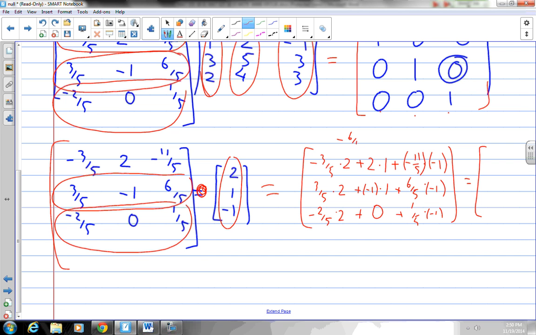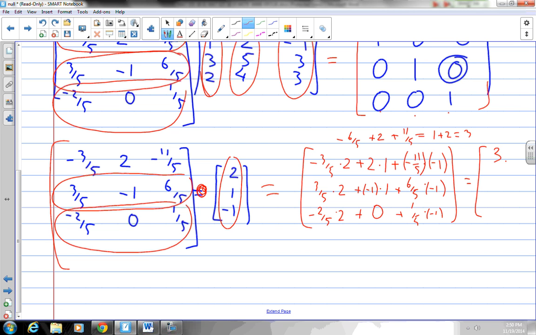Negative 6/5 plus 2 plus 11/5. So it's nothing pretty. Actually, it is pretty. Ooh, it's pretty. Look at that. It's negative 6 plus 11, that's 5. 5 over 5. It's 1, so it's 1 plus 2, so that's 3. Ooh, 3.